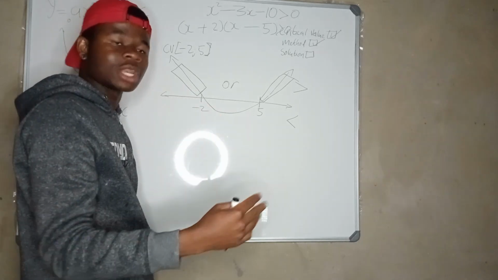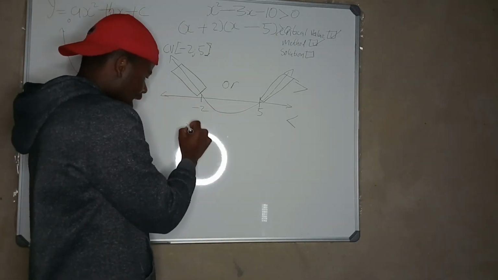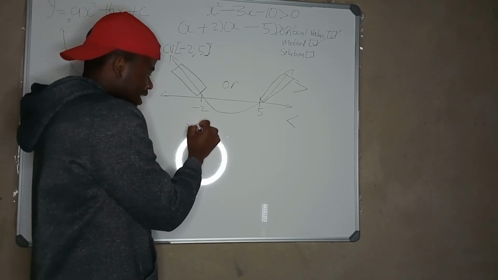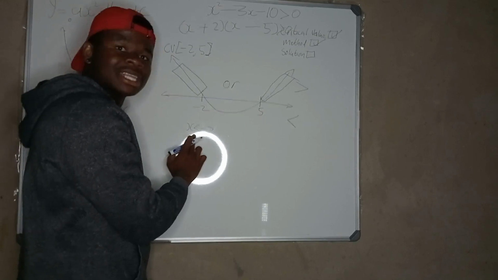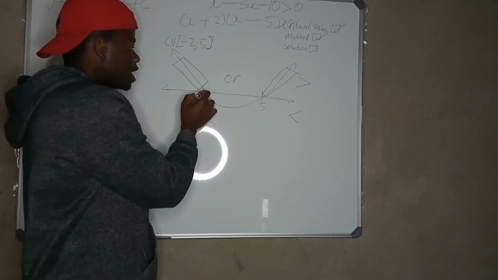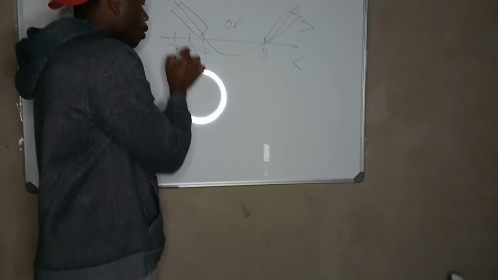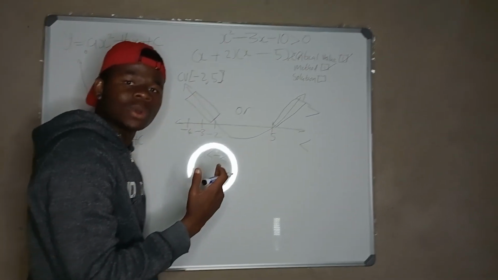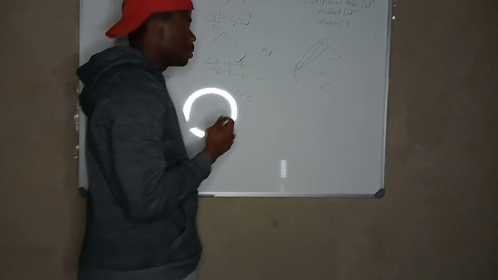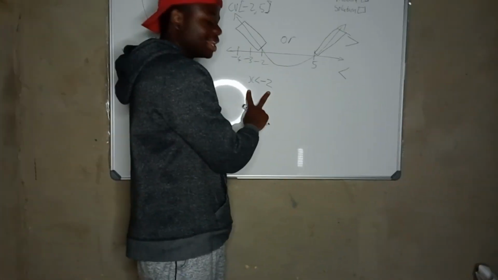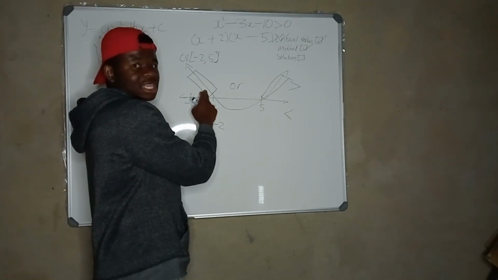How are we going to represent our solution? We are going to say that x is less than minus 2. Why did I say x is less than negative 2? Because when I say minus 3, minus 4, my numbers are decreasing. Now I've indicated the solution for this rectangle.